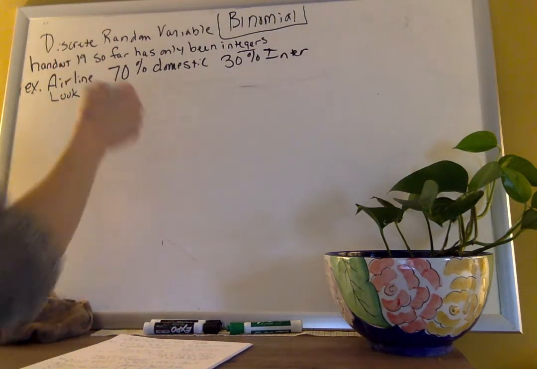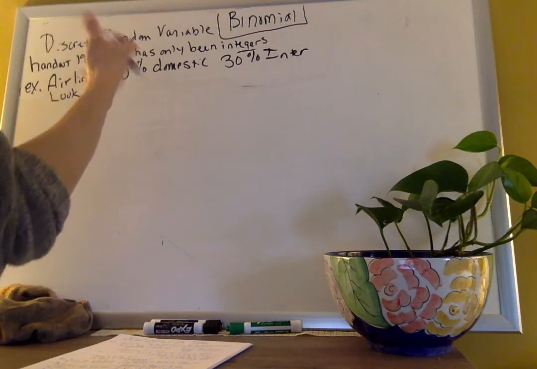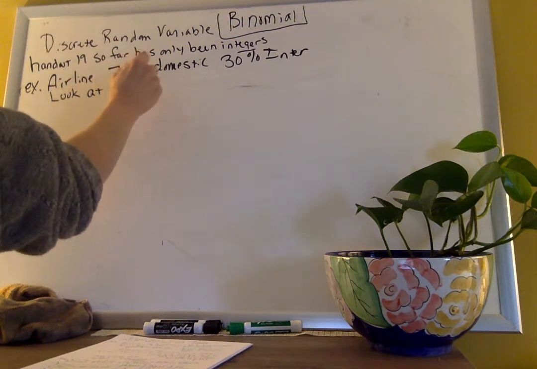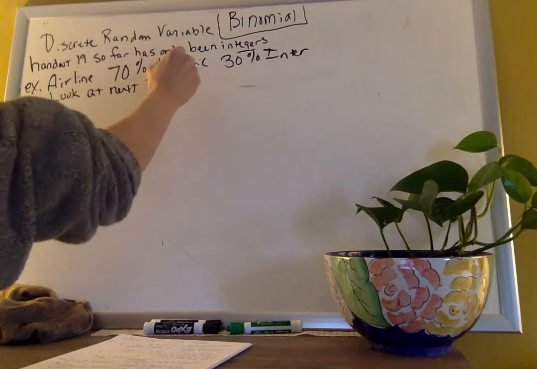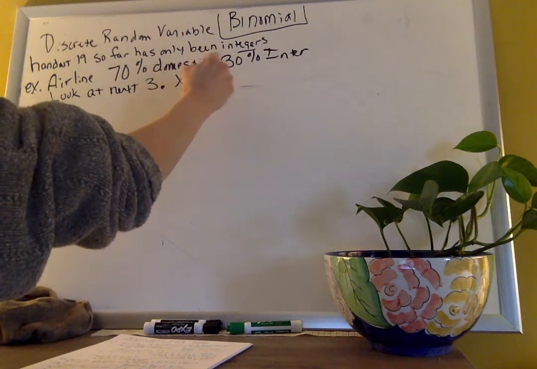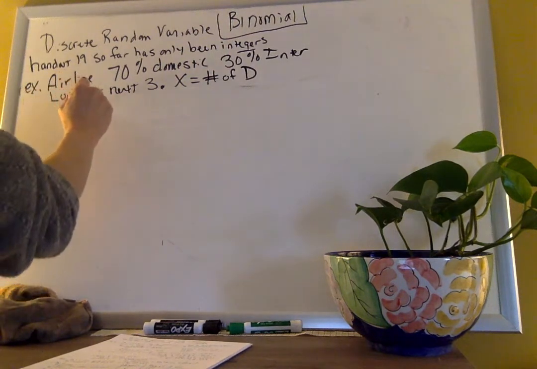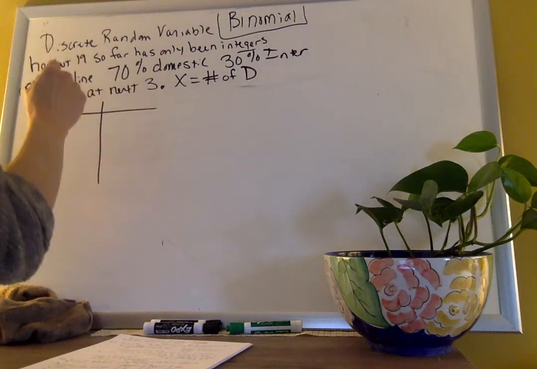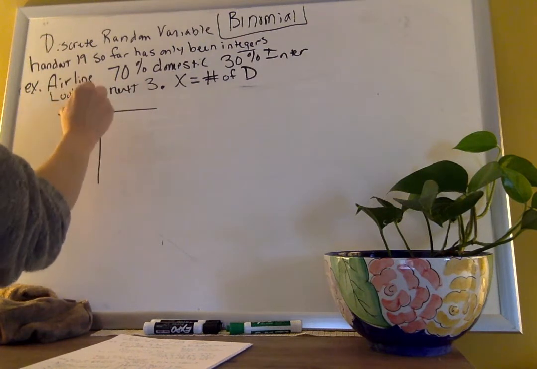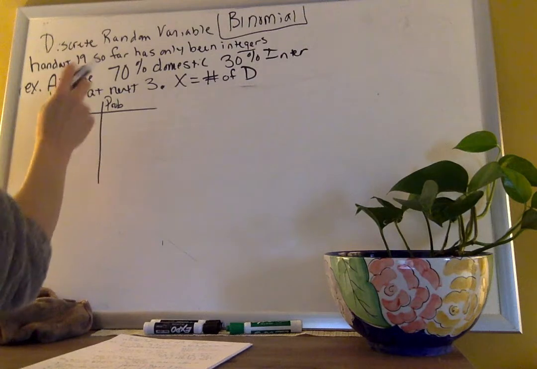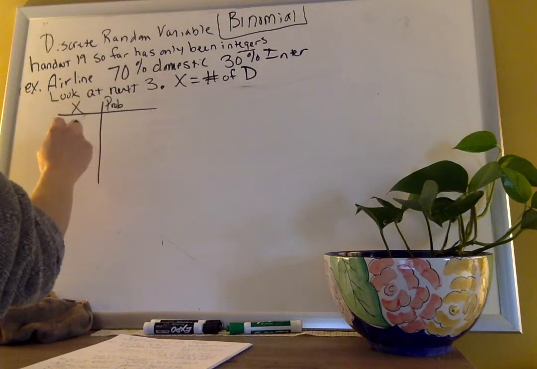I have the word calls on the notes, meaning like someone calling in to make a reservation. And we're going to let X be the number of domestic reservations or flights. Okay, we're going to set up a little chart, so this should all look very familiar to what you've been doing. So X is the number of domestics.